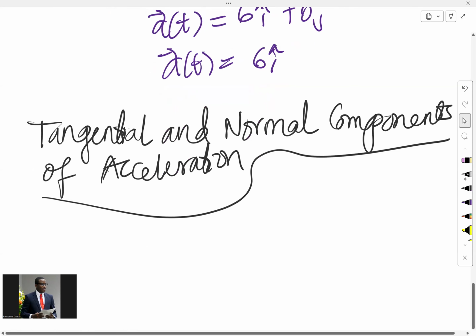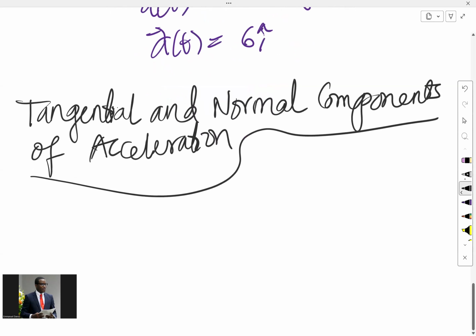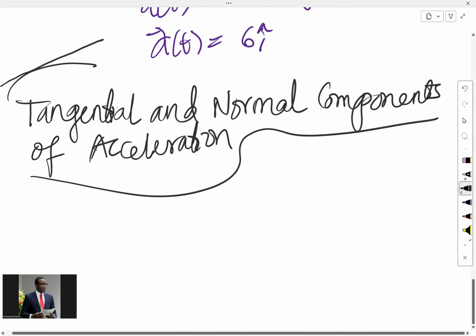Of course, if you have a curve, you say a line is tangent to the curve because that line just touches it at a single point. And then you have a normal to that line, which is the line that makes an angle of 90 degrees with it. That's the geometry of the idea of tangent and normal.